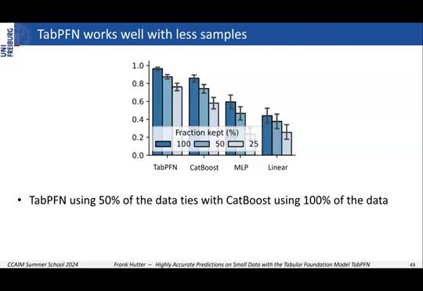Another analysis: TAPIFN really works well with fewer samples. In particular, if you compare TAPIFN with access to half the samples, it is still slightly better than CatBoost if you give it all the samples.